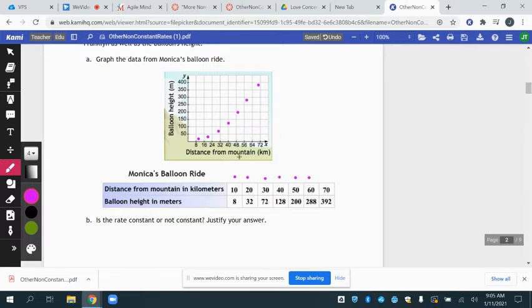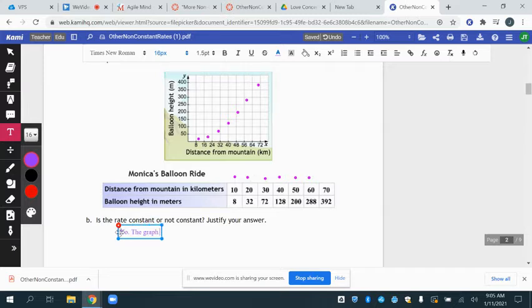There. That's about right. Now notice this curve, and I do call it a curve, it's getting steeper as we go, isn't it? It's not exactly the same shape as the last one. It's a different type of thing. Is it constant? I'm going to give you 5 seconds to think about it. And the answer is no.